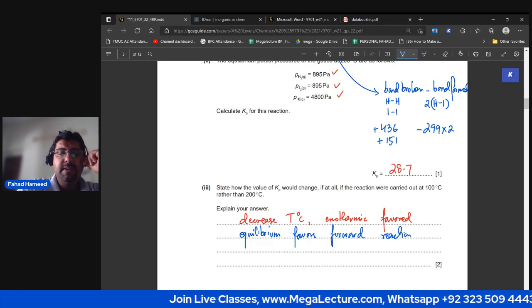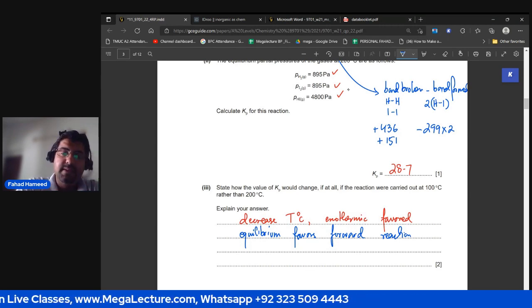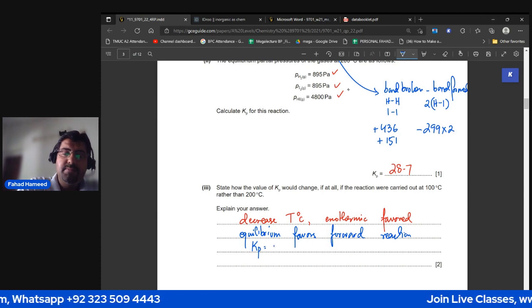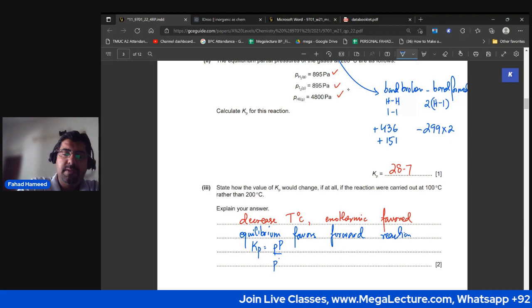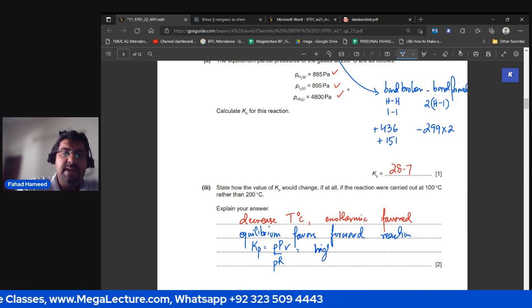And since it's favoring the forward reaction, Kp is the product pressure divided by the reactant pressure, or pressure due to reactant. So if you have more products, Kp is going to have a higher or larger value.